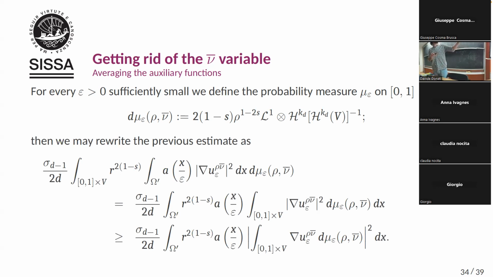Now we may use Fubini and exchange the sign of integration, use Jensen from the other side if you want. And now here we have something that we like more, because now we have this integral performed on the product space 0, 1 times V, which is exactly what we wanted.